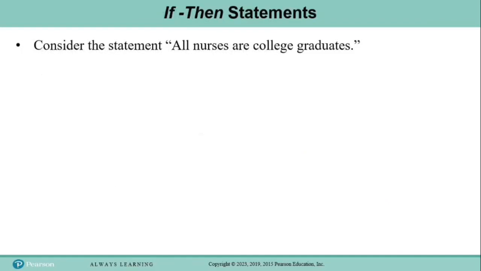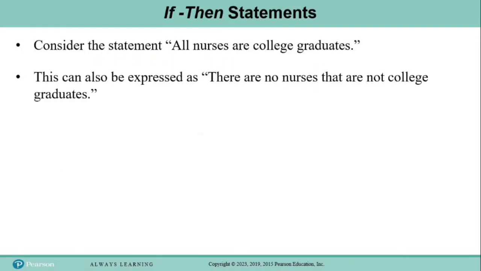Now we're going to move on to if-then statements. So think about the statement, all nurses are college graduates. Just like we talked about in section 3.1, this can also be expressed as there are no nurses that are not college graduates. All nurses are college graduates has the same meaning as there are no nurses that are not college graduates.